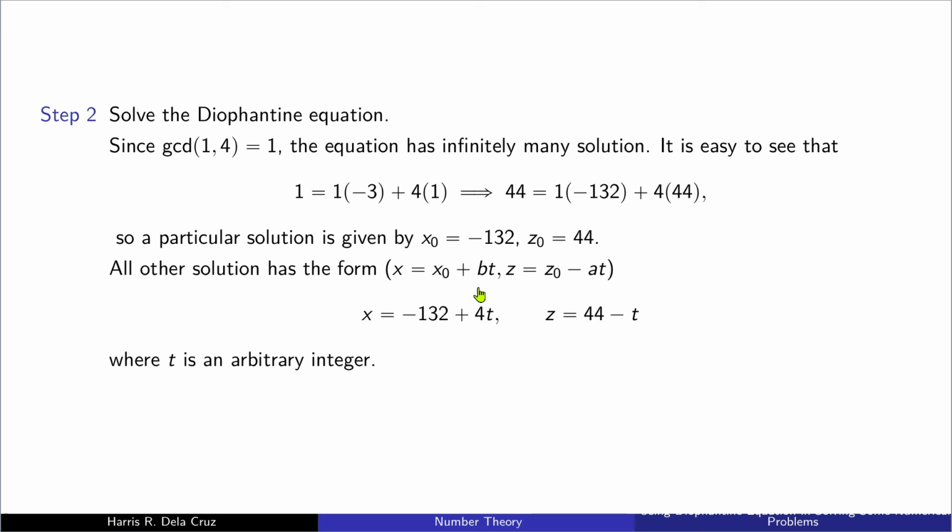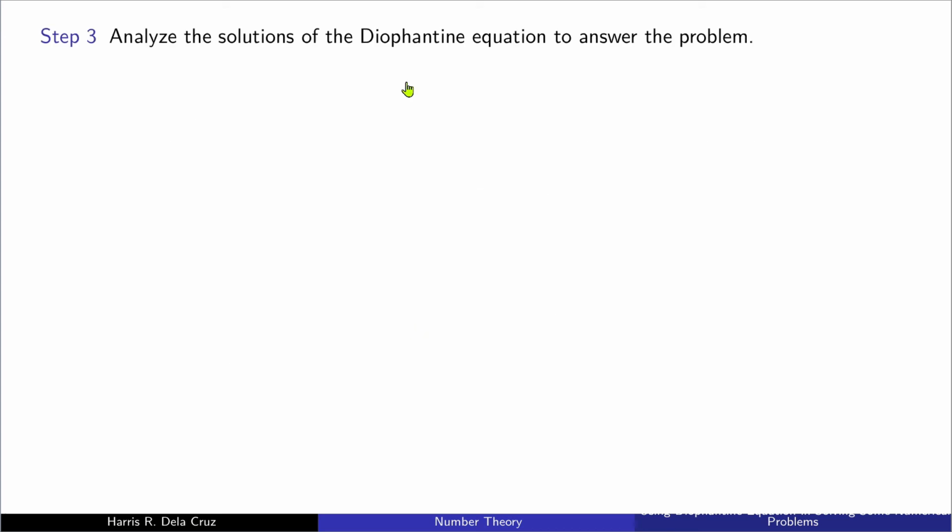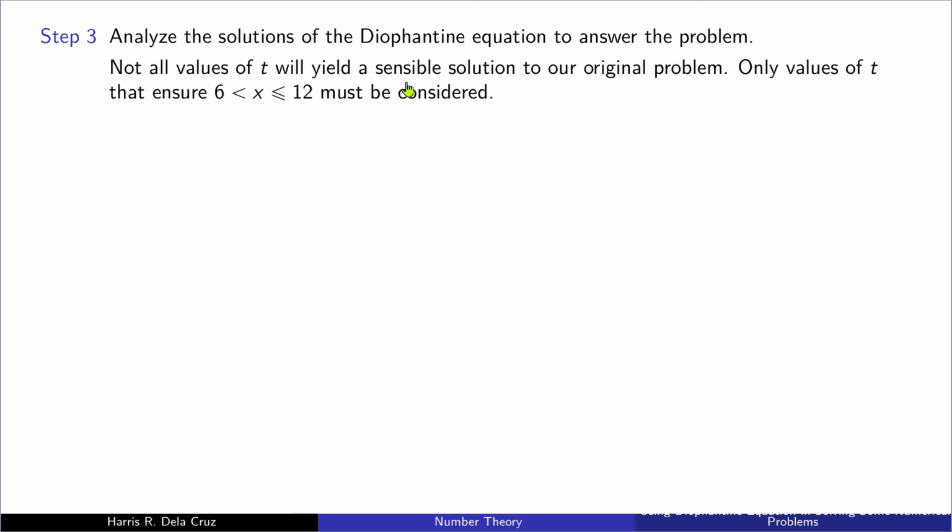So, ibig sabihin, hindi lahat ng value ng t magbibigay ng sensible scenario dun sa original problem. So, again, kung i-analyze natin yung solutions na nakukuha sa Diophantine equation, hindi lahat ng value ng t magbibigay ng sensible solution sa original problem. Yun lang mga values ng t kung saan ang makukompute nating x ay between 6 to 12 ang pwede nating i-consider.